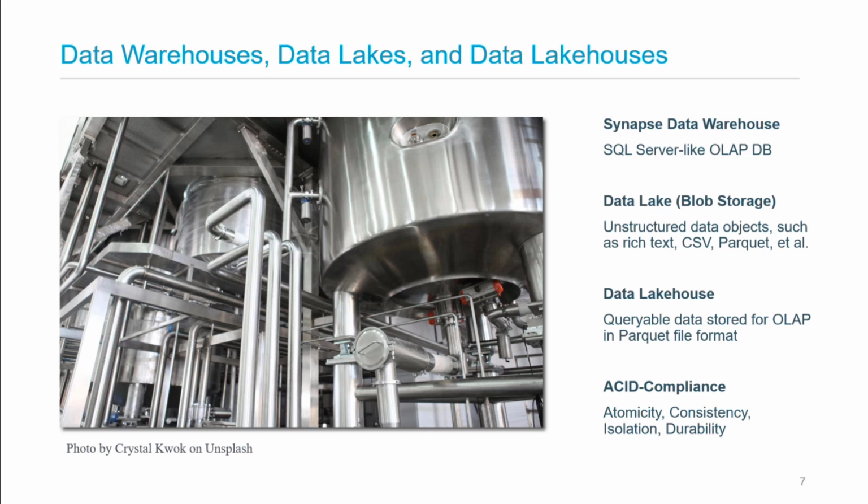In the Microsoft Azure and Fabric context, that can look like blob storage. You'll have a blob storage container, and you can load any number of different files into that. That can look like CSV files, Excel files. You can load Parquet in there, and any number of different file types, such as rich text files and Word documents.